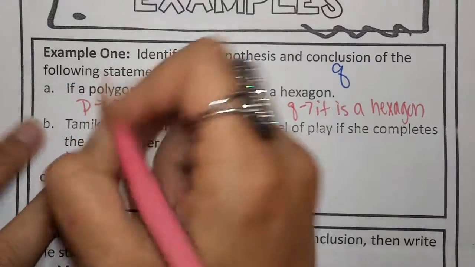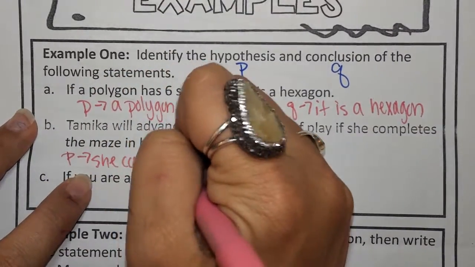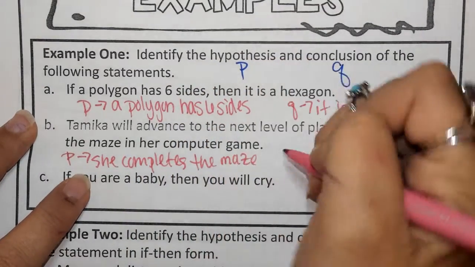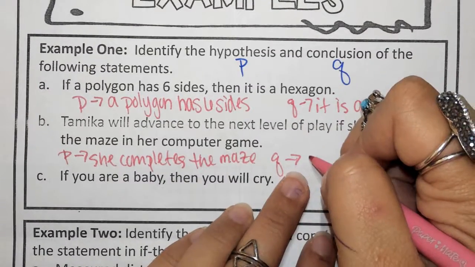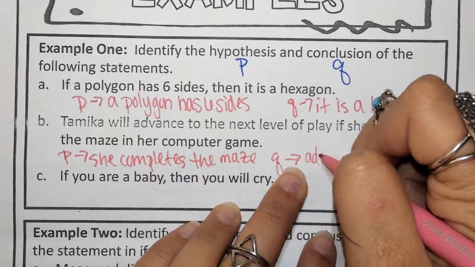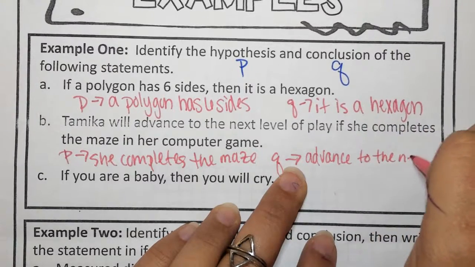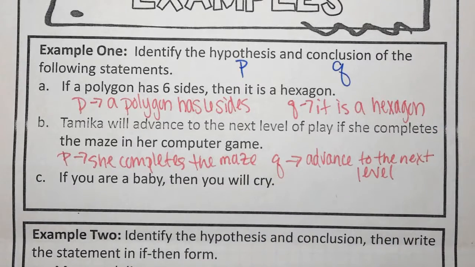So our P is she completes the maze. And if she completes the maze, what happens? She will advance to the next level. All right, please do C without me.